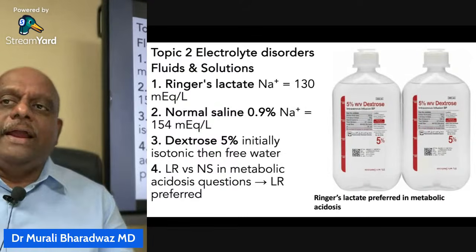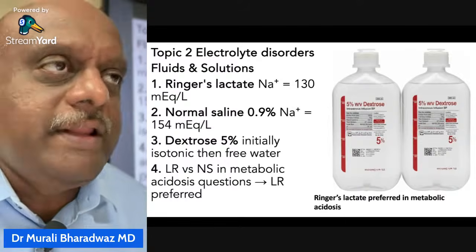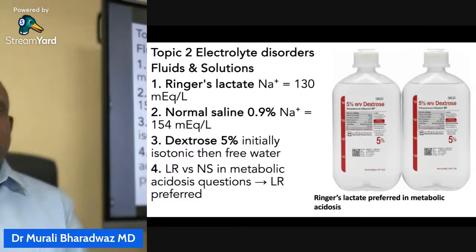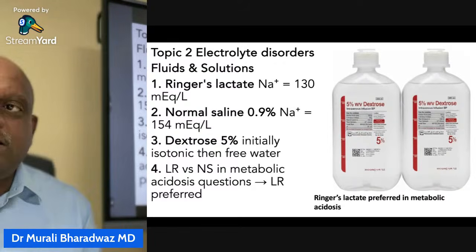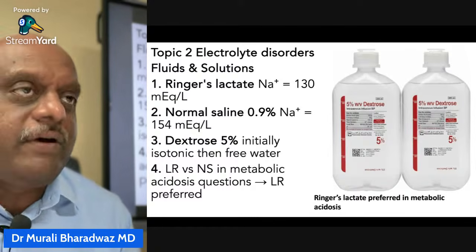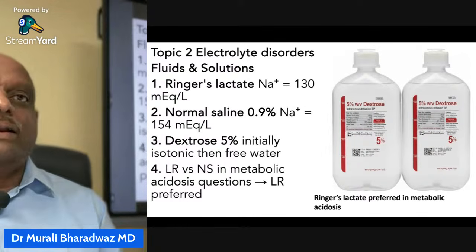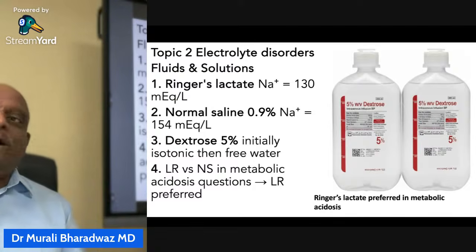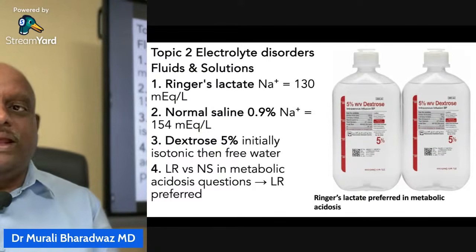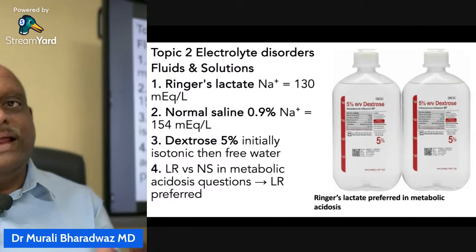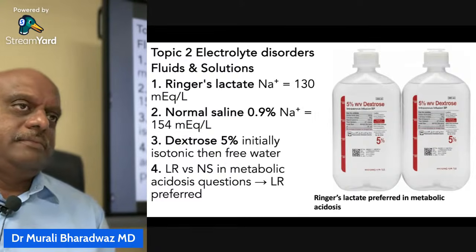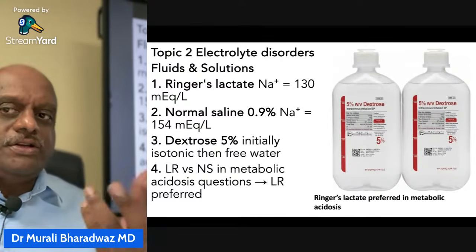Now, ringer lactate, how much sodium will be there? 130 milliequivalents per liter. Normal saline, 0.9%, 154 milliequivalents per liter. Right? So dextrose 5%, initially it is isotonic, then it becomes free water. Because dextrose is metabolized, no?